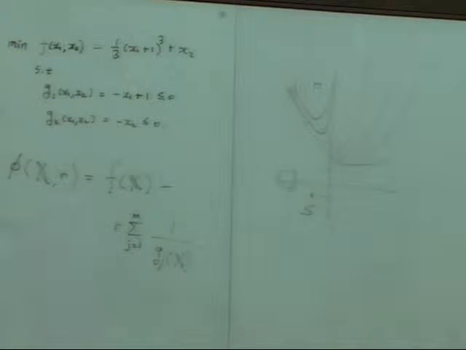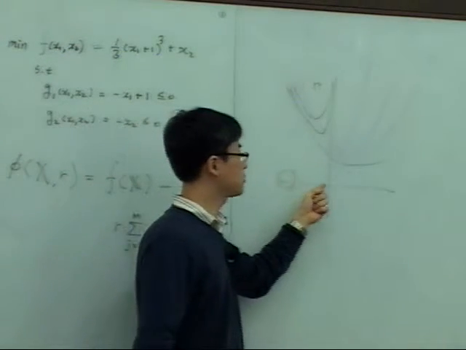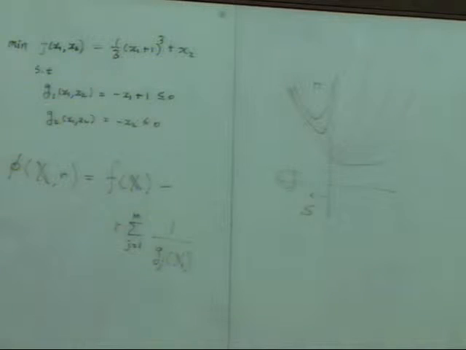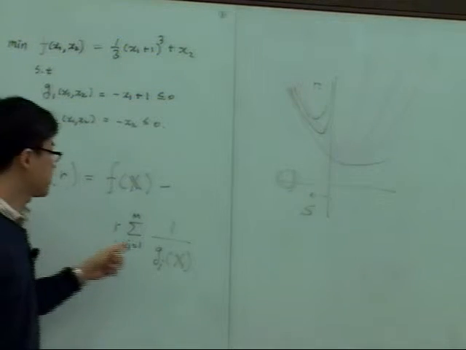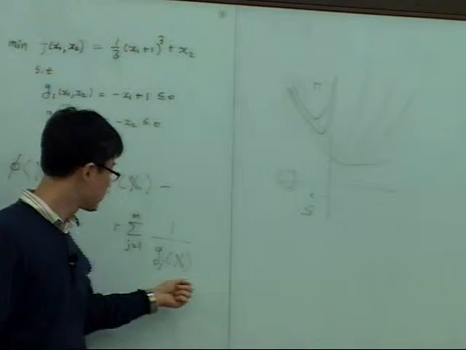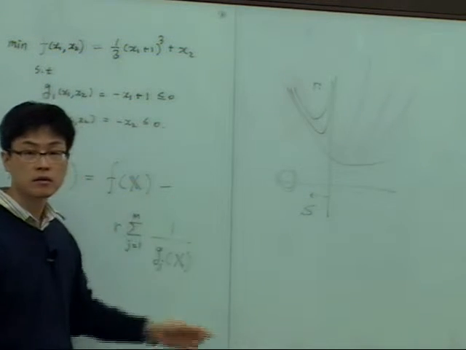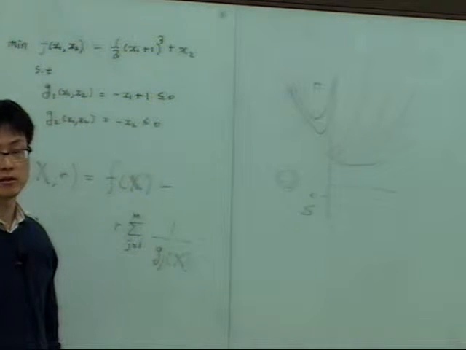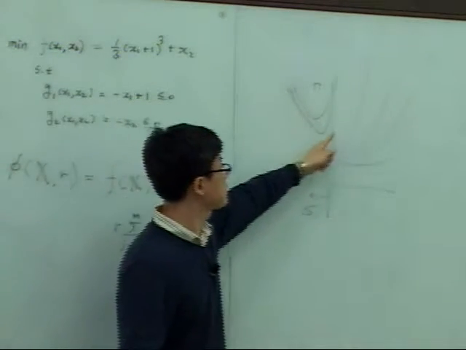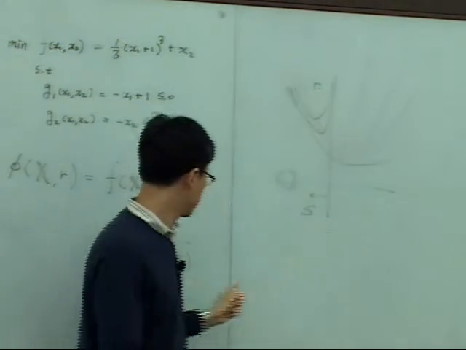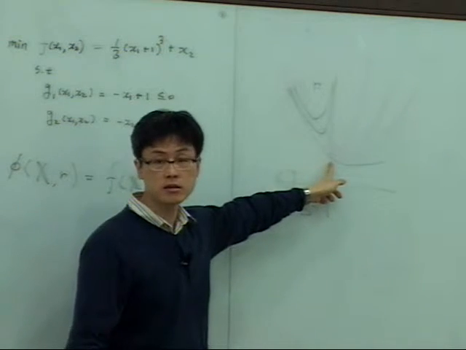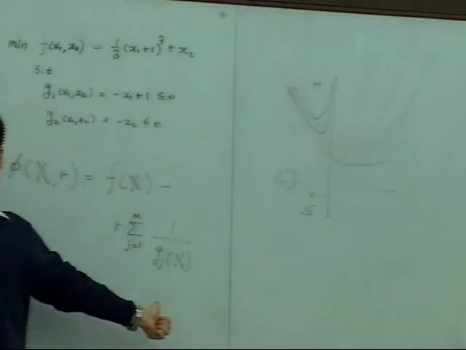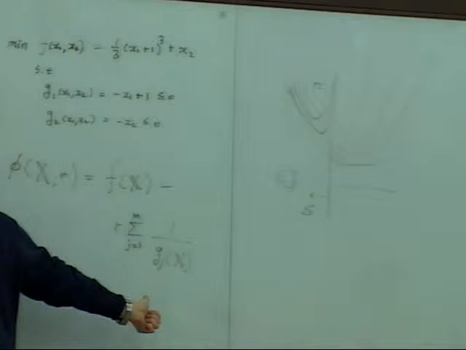However, when we approach the boundary, this g value approaches 0. When this g value approaches 0, this reciprocal value will go up, right? Which makes this kind of characteristic. If it approaches really close to this, then theoretically it goes to infinity, right?